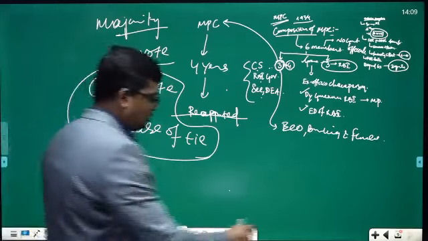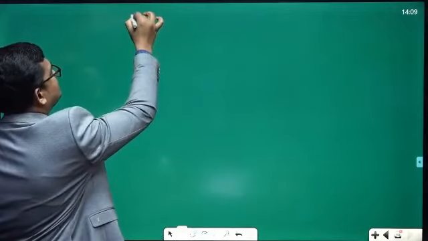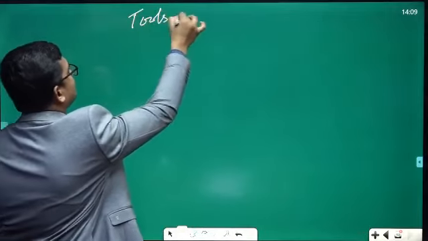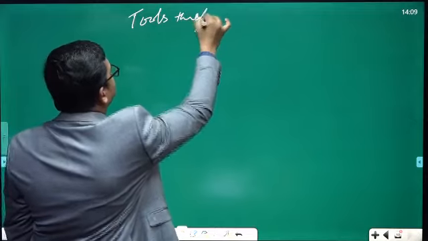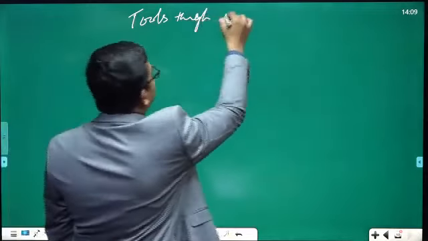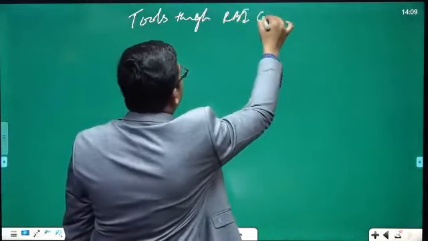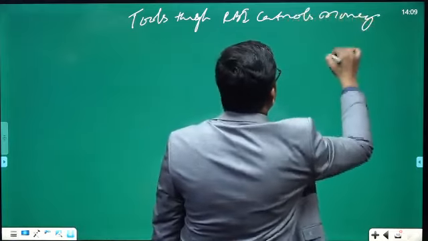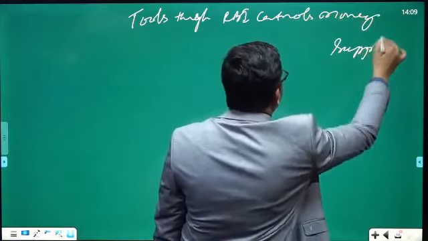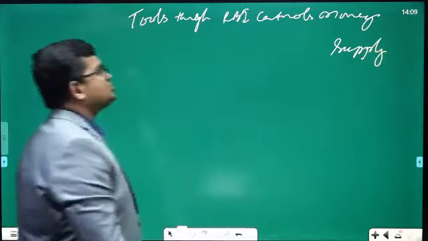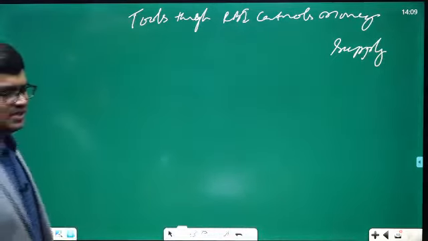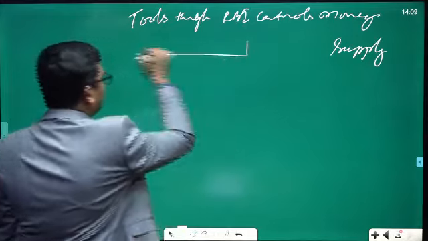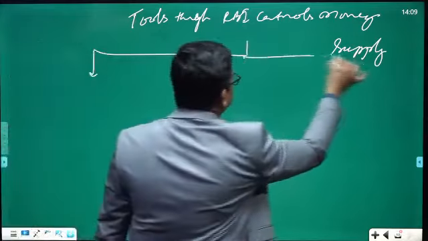So we are moving to the next segment: there are different tools through which RBI controls money supply. Different tools through which RBI controls money supply, and we have divided them into 2 types.